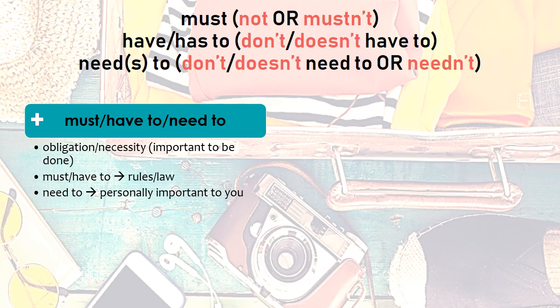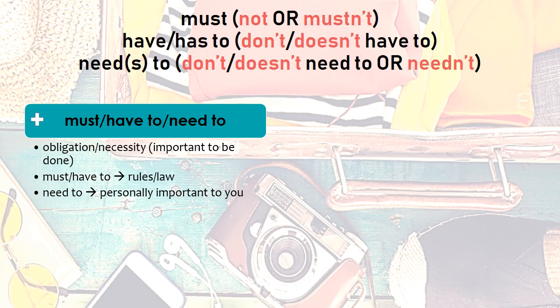Kemudian ada sedikit perbedaan ketika kalian menggunakan must dan have to, itu biasanya untuk suatu aturan atau hukum atau undang-undang yang berlaku. Dan untuk need to, itu biasanya digunakan ketika sesuatu itu penting untuk diri kalian atau secara personal.